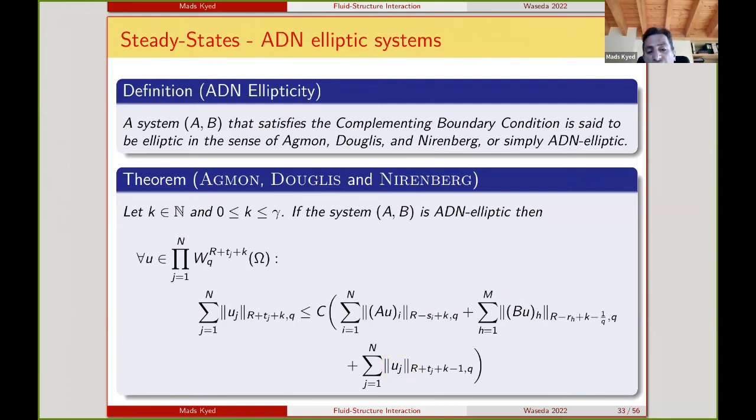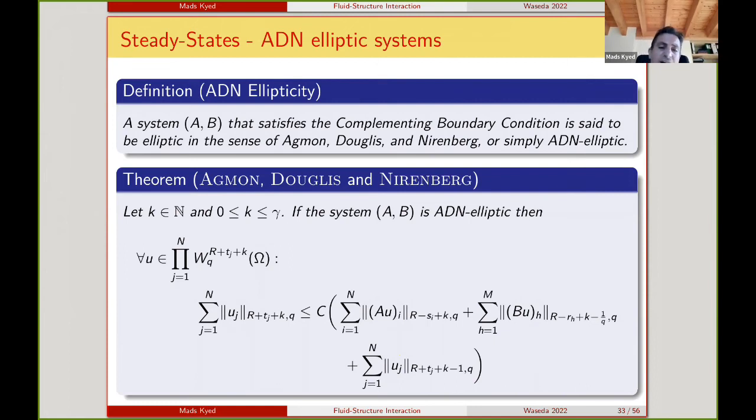Now, if you can show uniqueness of your solutions, that is, if you can show that your elliptic system has a trivial kernel, then the lower order term disappears by a compactness argument when the domain is bounded. Okay. So these are the L^p estimates that are so crucial to the fluid-structure problems.